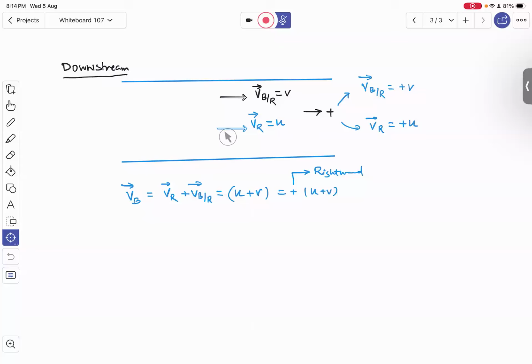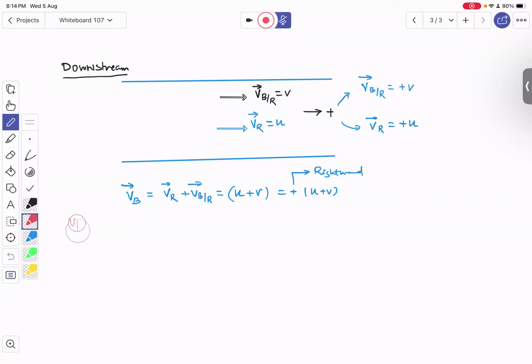But if you are running on it with a speed of, say, 20, the escalator makes you travel rightward by 5 in 1 second, and on top of that you travel 20 in the same direction. So you end up traveling 25 meters in 1 second with respect to the ground frame, in the direction of the escalator. The same sort of thing is happening here. This is the case of downstream.